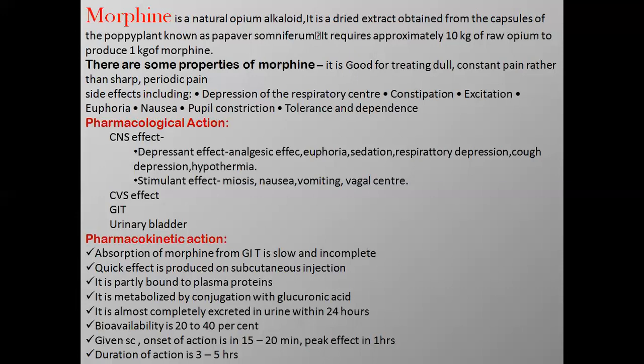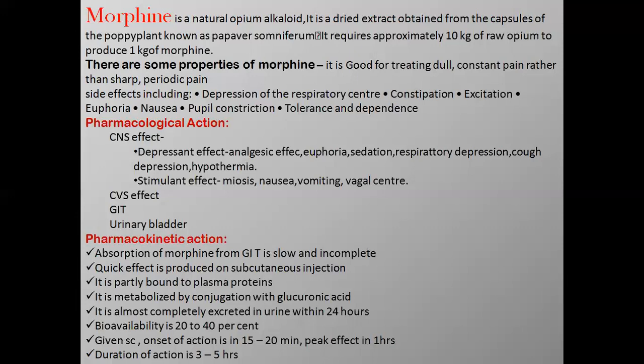In the CVS, morphine produces vasodilation and also decreases the BP. It mainly causes vasodilation of peripheral vessels, which results in a shift of blood from pulmonary to systemic vessels, leading to relief of pulmonary edema associated with acute left ventricular failure.